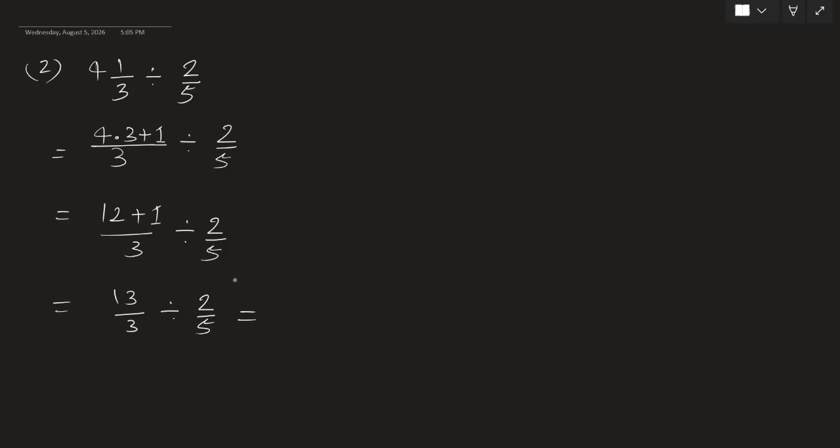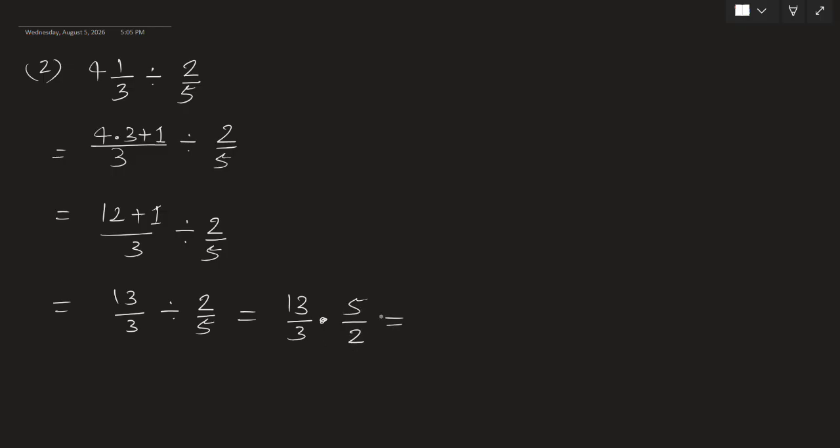So how do we divide it? We divide by keeping the first fraction as it is, and we convert this division sign into multiplication, and we convert this right side fraction into its reciprocal, meaning this 5 will become the numerator and this 2 will become the denominator. So 5 over 2.